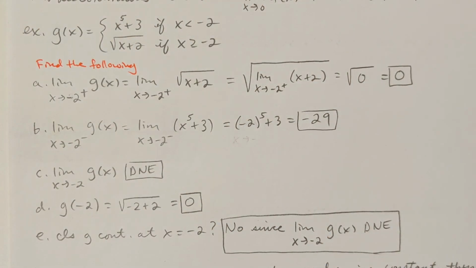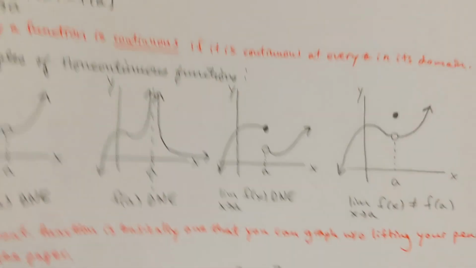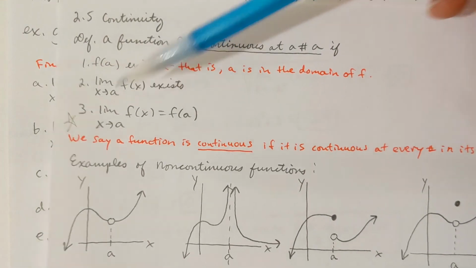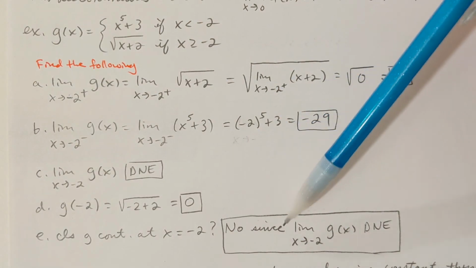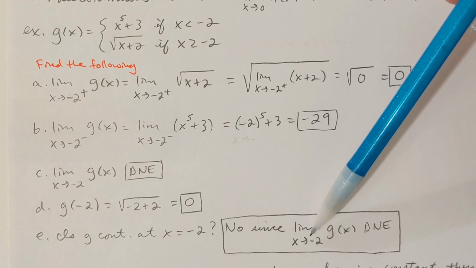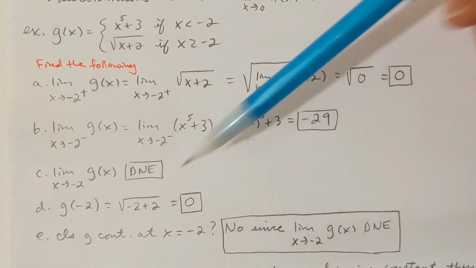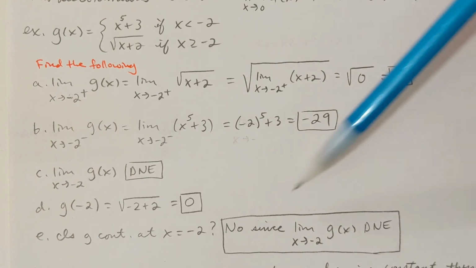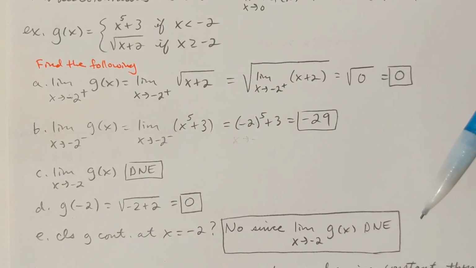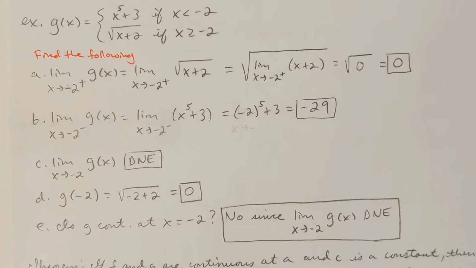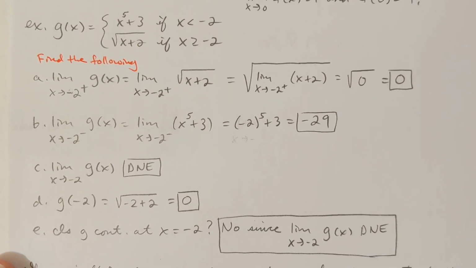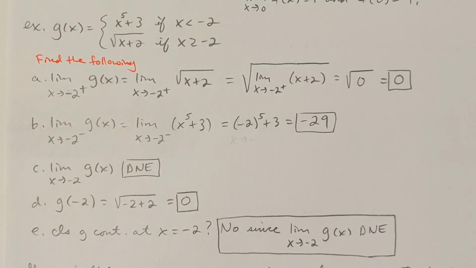Another explanation that you could give is to use the starred statement. You could say that the limit as x approaches -2 of g of x is not equal to g of -2. Okay, either one of those two explanations I would be fine with. But make sure that you are giving an explanation. They will ask you to do that, and again, you want to be using the definition for continuity in that.